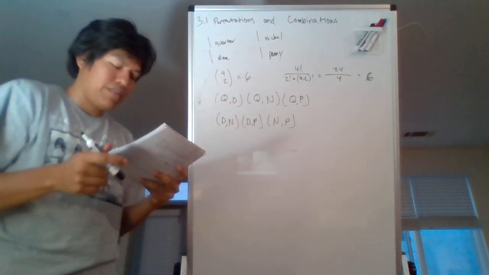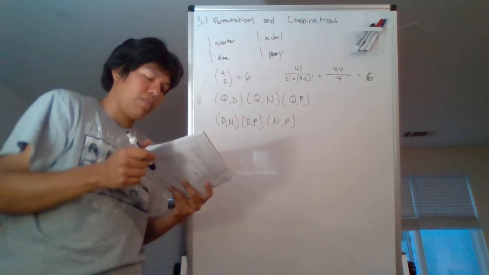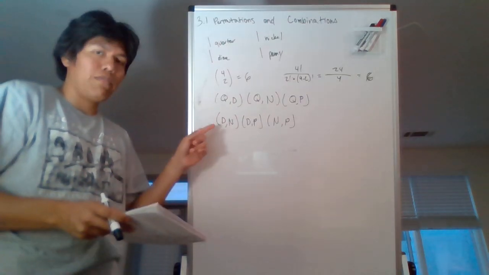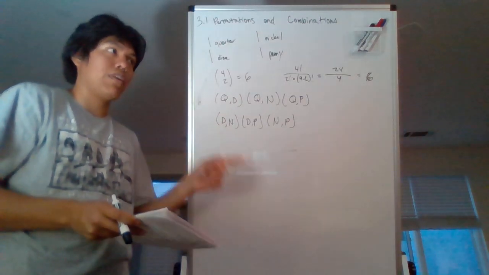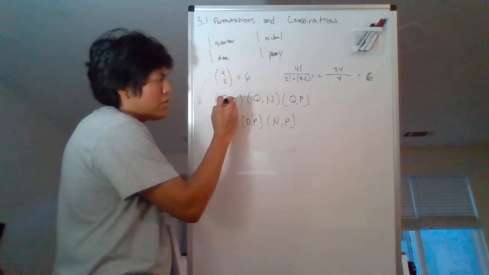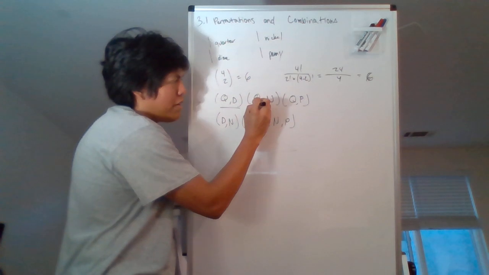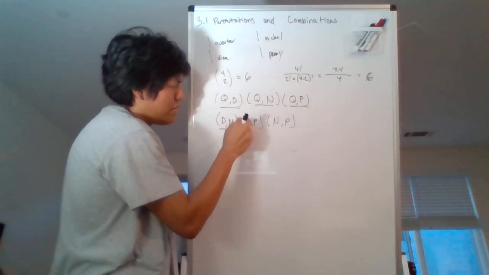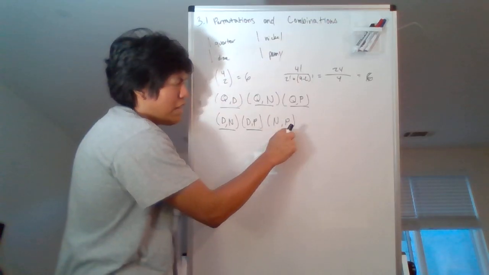And it's asking us, what is the probability that one of the coins is either a quarter or a dime? So we look at all of the combinations that have either a quarter or a dime. This one has both, this one has a quarter right there, that one has a quarter right there, this one has a dime right there, this one has a dime right there, and that one doesn't have either of them.